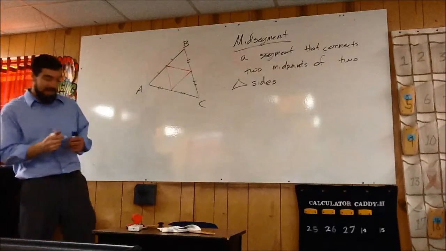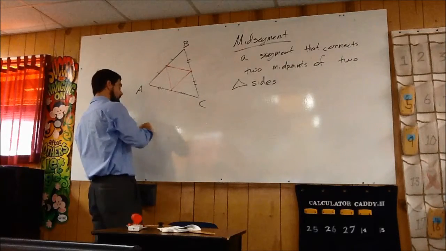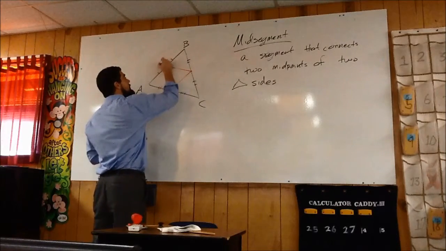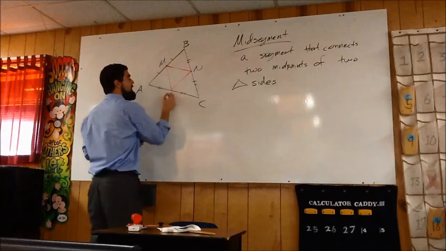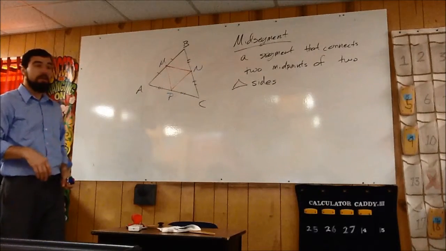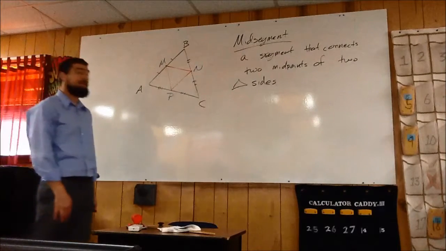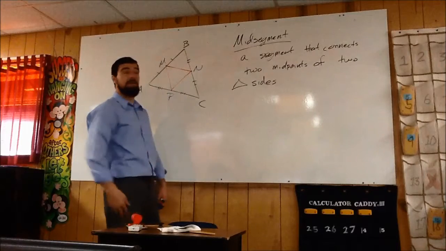Those 3 segments that I just drew in, I'm going to label this midpoint M, this one N, and this one P. Those segments in red ink are my midsegments. They are segments that connect midpoints.